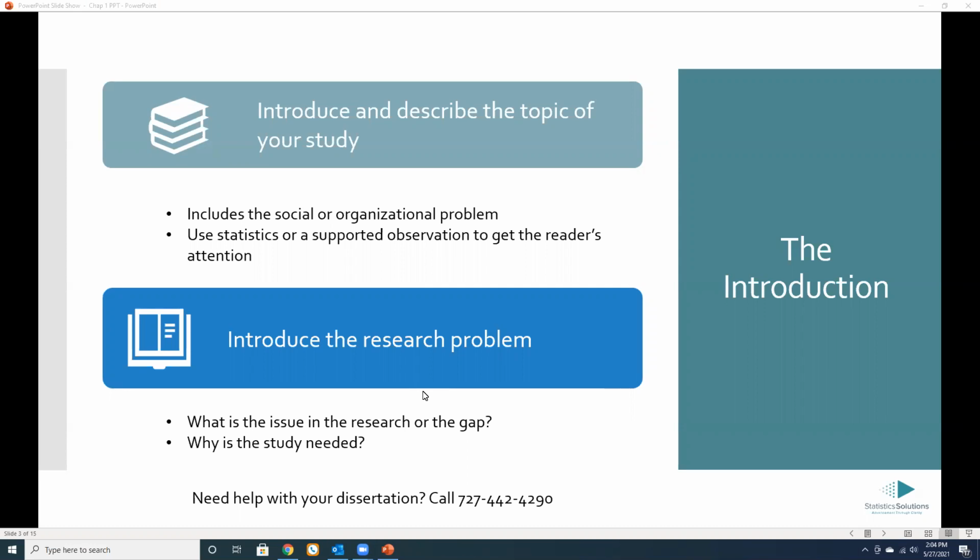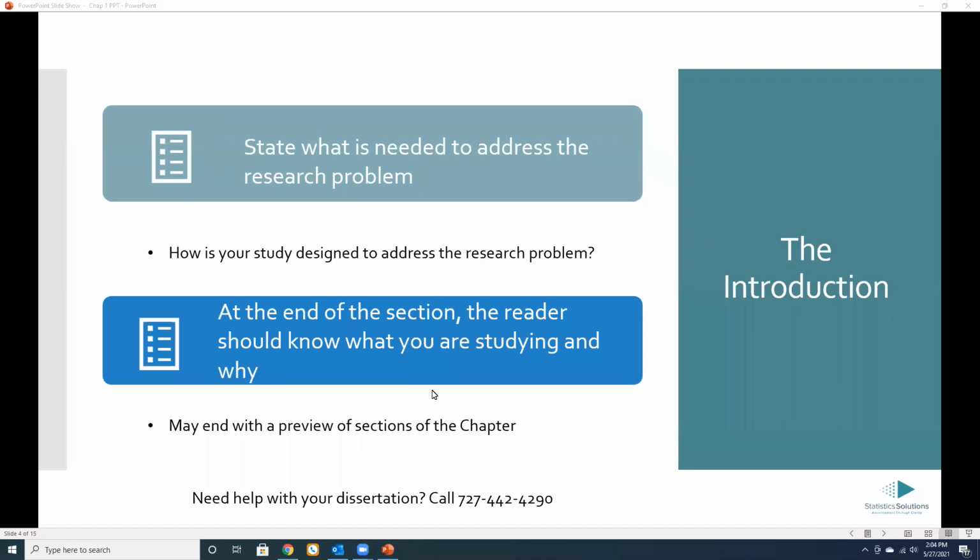That will then help you to highlight what is not known, right, or the research gap. So that's where your study is designed to come in, to address the research problem or the research gap. State what is needed to address the research problem, a study designed to do whatever your study is going to do. And just state why your study is needed, based on the problem, based on the research that's been conducted, and based on what's still needed.